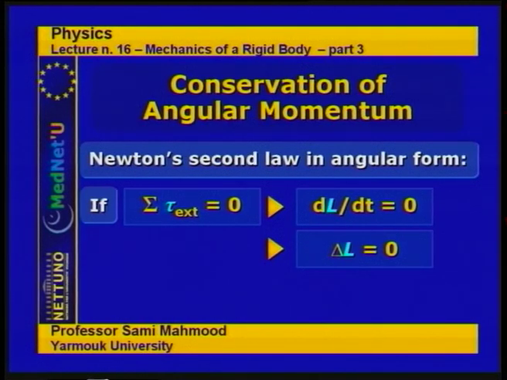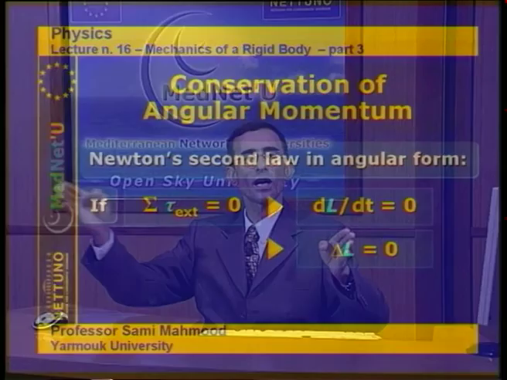If the derivative of a given quantity is 0, that means that quantity is constant with time, which means delta L is equal to 0 between any two times, meaning the angular momentum of the system at any time would be equal to the angular momentum of the system at any other time. And this is illustrated by this equation.